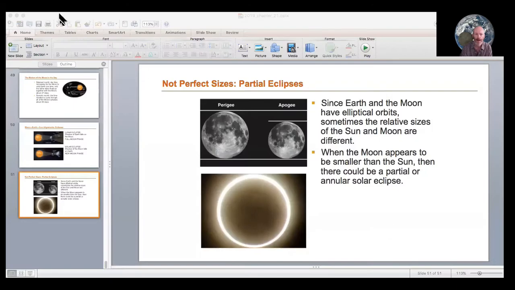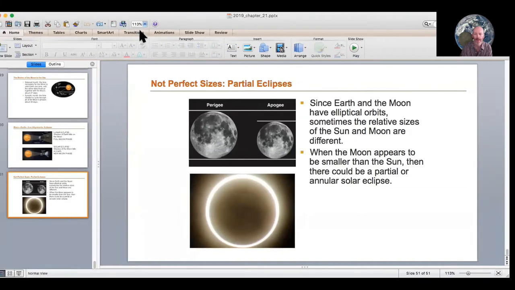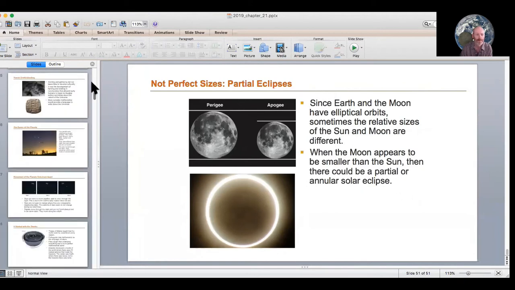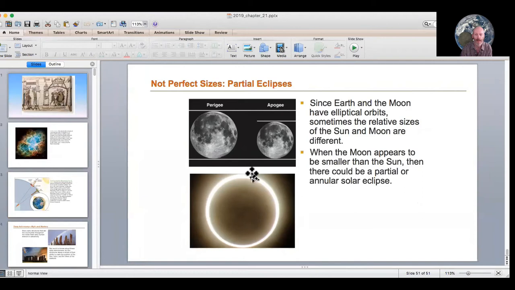Share the screen. I want to share chapter 21. And why is that not showing up for us here? I think this is what we should be seeing here. So I will go up to the beginning here.